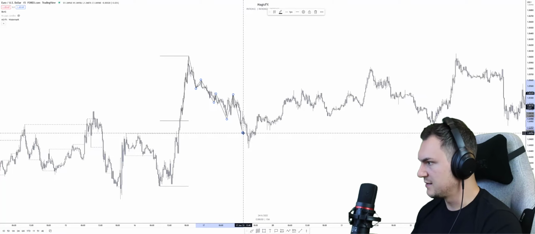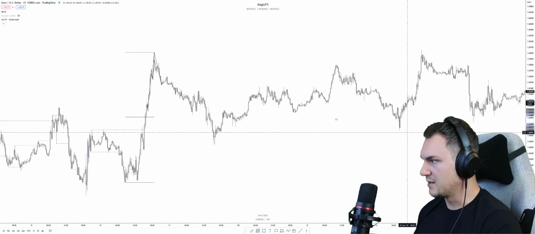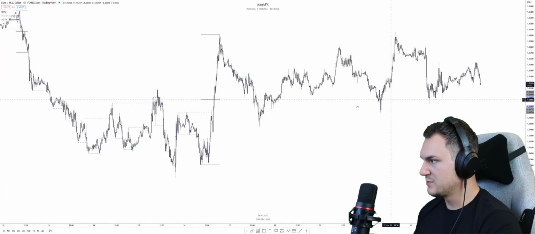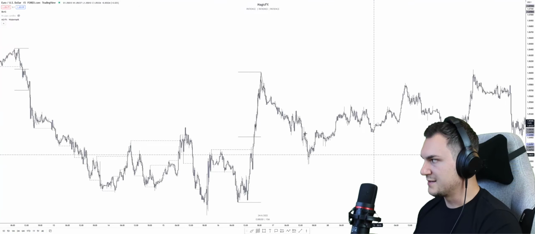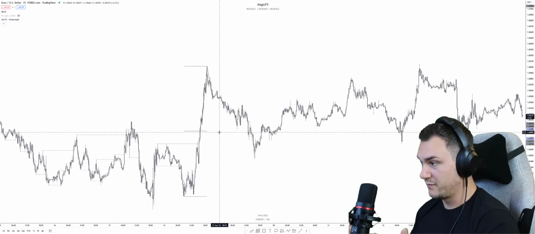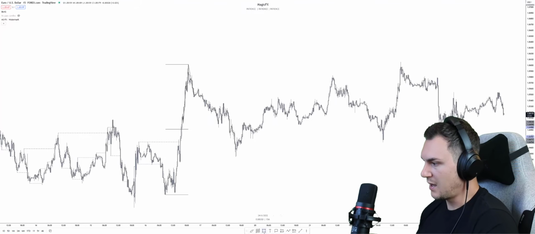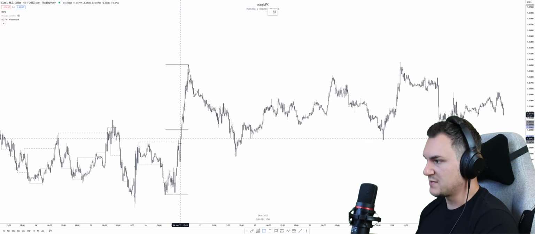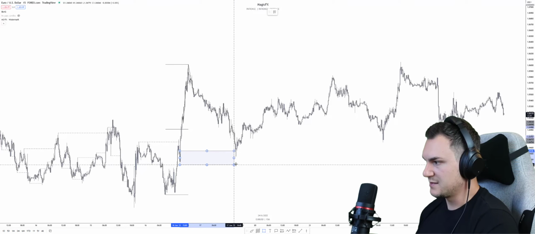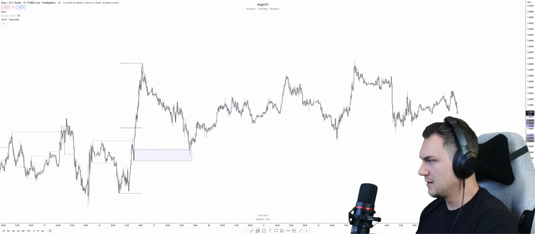Well, it started to move to the upside. Still fairly sideways, but it's a simple way of writing off where you're going to take longs and where you're going to take shorts from. So once we tapped into the discount, once we tapped into this zone, we are ready to frame up longs.